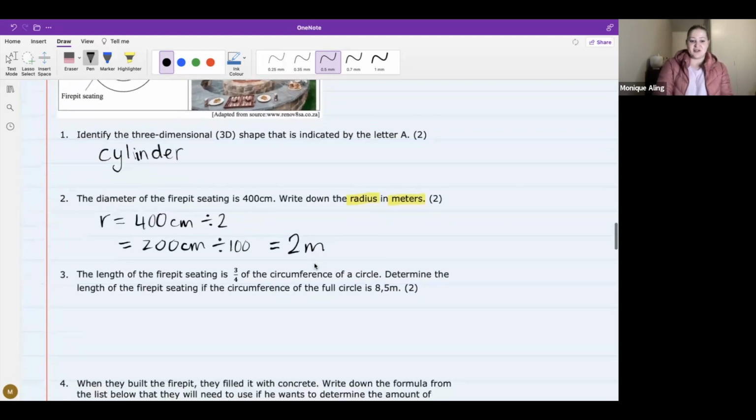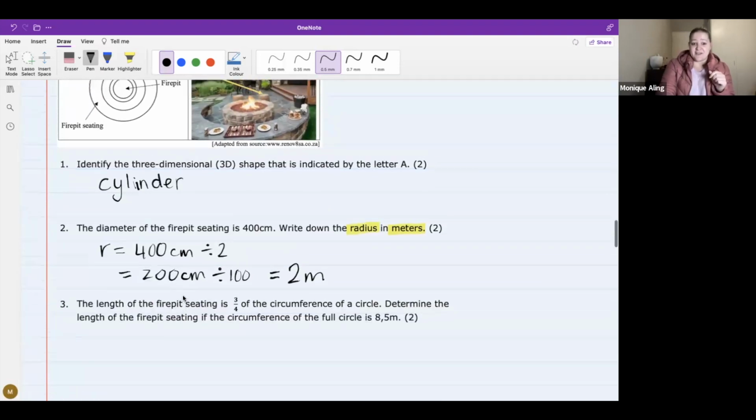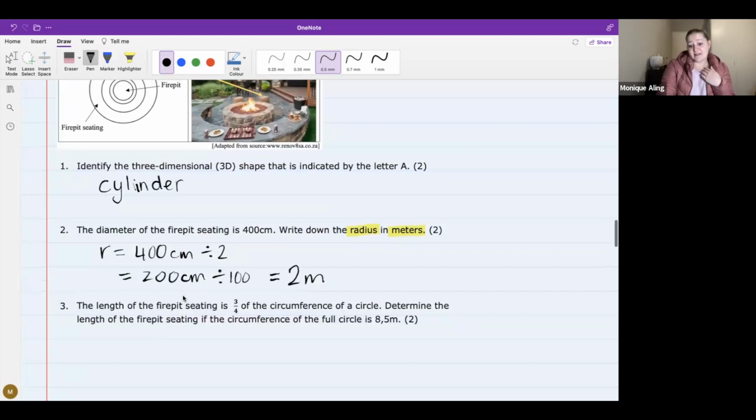Let's have a look at question 3. The length of the fire pit seating is 3/4 of the circumference of a circle. Determine the length of the fire pit seating if the circumference of the full circle is 8,5 meters. So the length is 3/4 times the circumference of a circle.